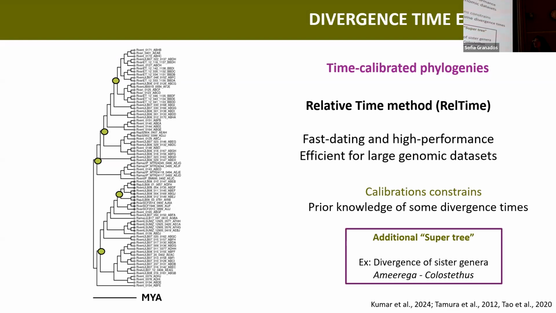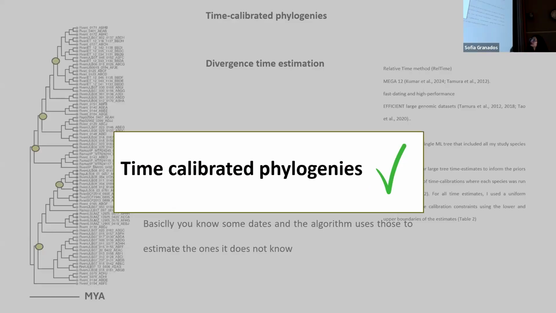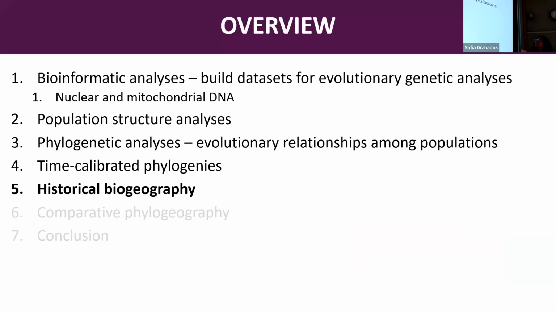So based on past literature, we have an idea of when these two genera diverged. So we can use this as a calibration constraint to inform the tree and then estimate the other times. So now we have the time-calibrated phylogeny, the evolutionary histories. Now I can start doing the last part, which is the historical biogeography.